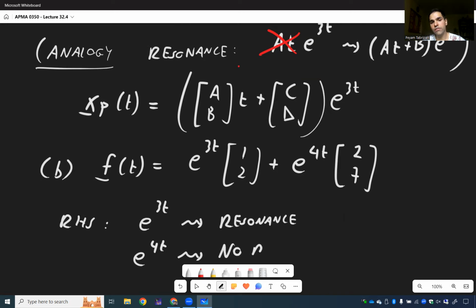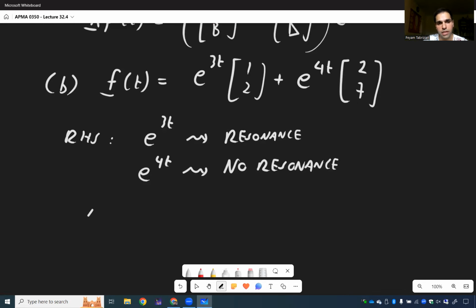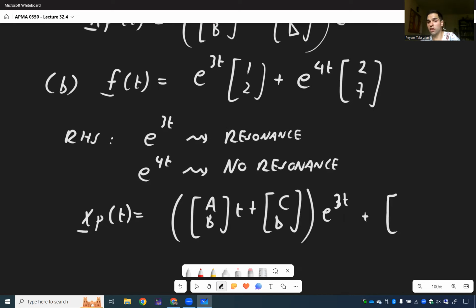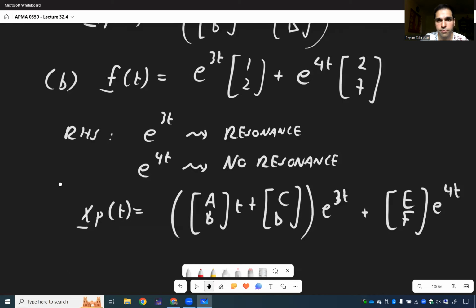But for e to the 4t, we have no resonance. And so the correct guess would be xp of t is, again, (ab)t plus (cd), e to the 3t. And then for e to the 4t, you just guess the usual thing, (ef) e to the 4t. Right? Because for e to the 3t, you have resonance, but for e to the 4t, you don't.